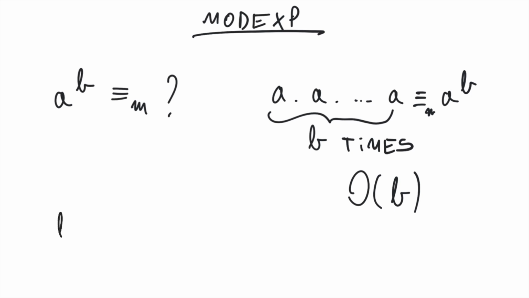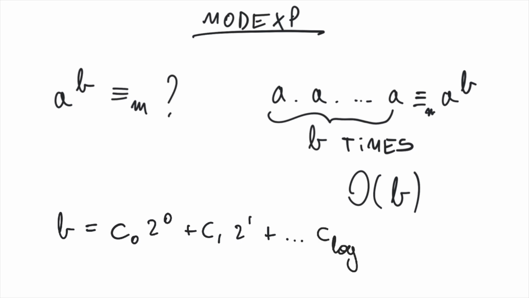Well, we can write b in binary form as c0 2 to the 0 plus c1 2 to the 1 plus and so on, and the last term will be c of log b times 2 to the log b.